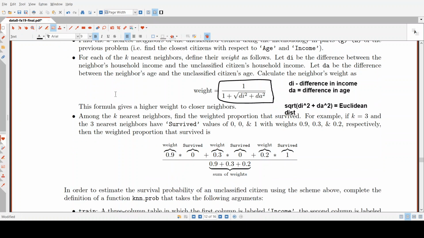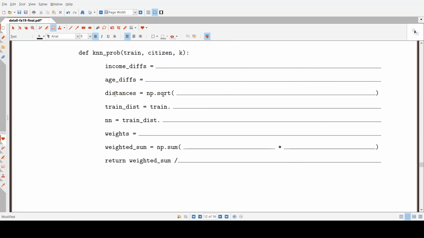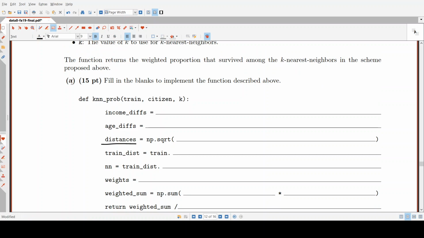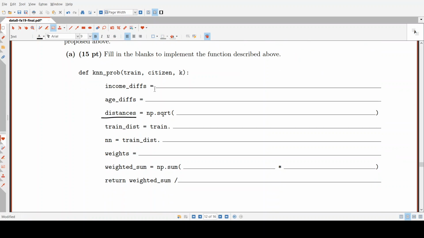And that's important because one of the lines in this function wants us to calculate the distances. Okay, so let's fill out these first 2 lines first.